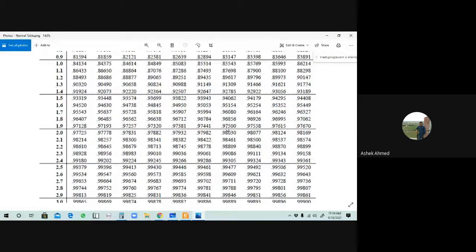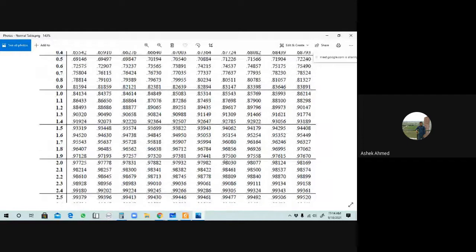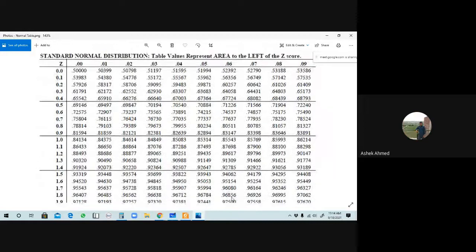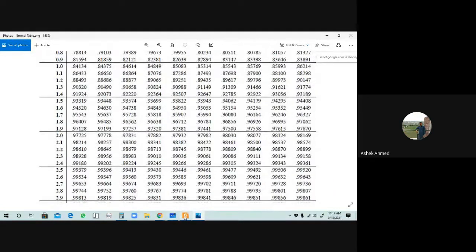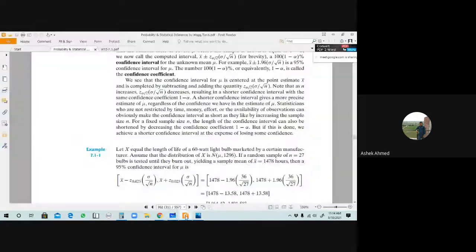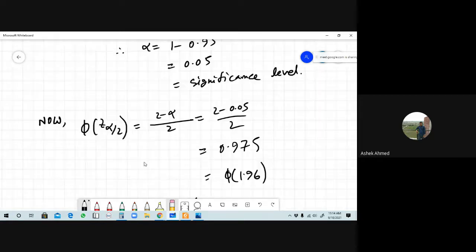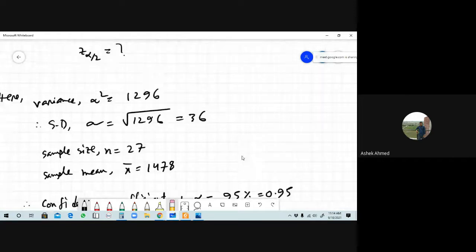Tell me, for that case the corresponding value of z will be 1.96. So from here you can determine the value of z alpha by 2 is 1.96.